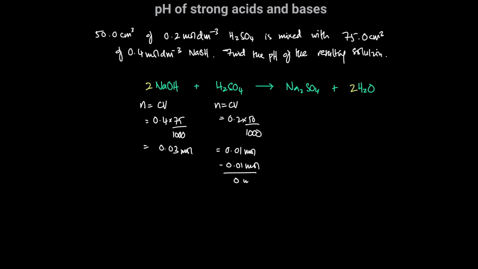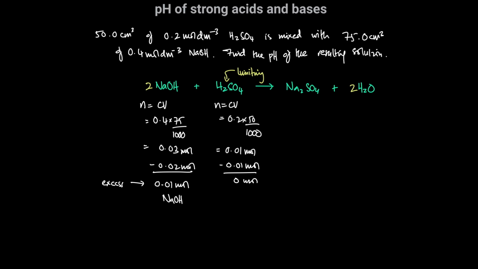So you have 0 moles of acid left over, and those 0.01 moles will react with 0.02 moles of sodium hydroxide. So you're going to have 0.01 moles of NaOH left. This is the excess NaOH. Again, H2SO4 is the limiting reactant and sodium hydroxide is in excess.